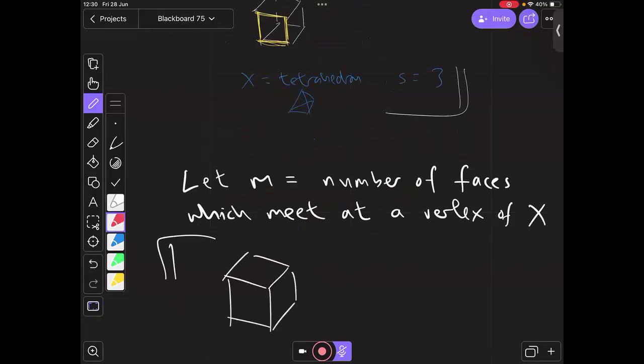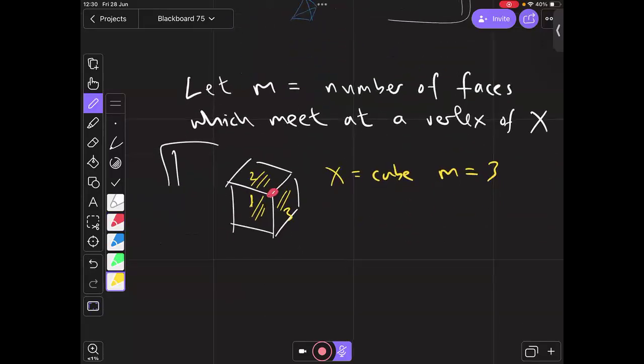If you take any vertex like this, how many faces meet at that vertex? 3. For a cube, there are three faces. So in the case of the cube, M would be 3. Make sense? Yeah, that makes sense.